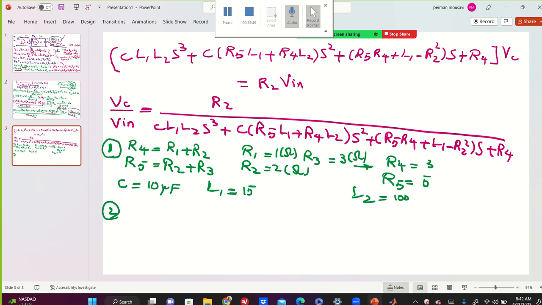Everything is the same. Only I change R2 to 10 ohm. Okay. Here is what I'm going to do.